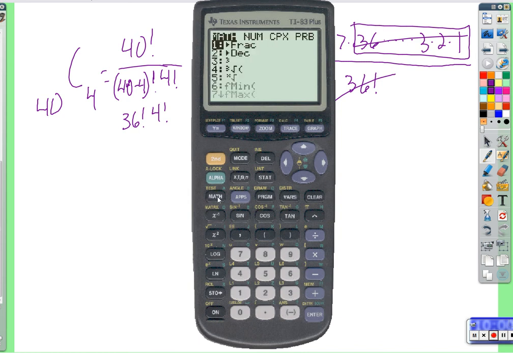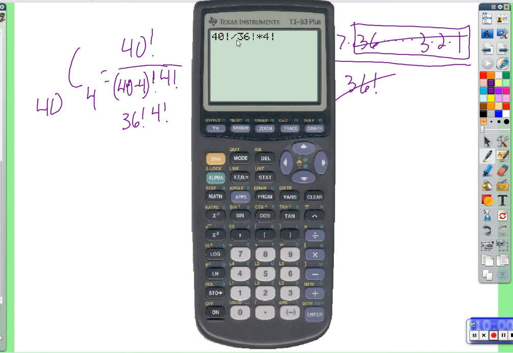If you make a mistake, this is public enemy number 1 right here. Most common mistake right here. Your calculator is not going to do this. It's not going to take 40 factorial divided by the product of these two. What is the calculator going to do in this case? Divide by 36 factorial first.